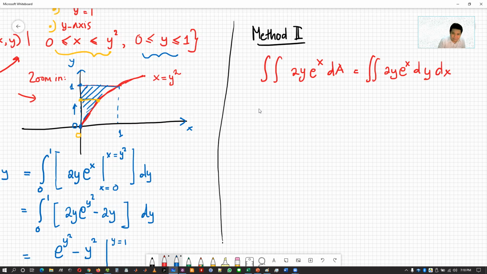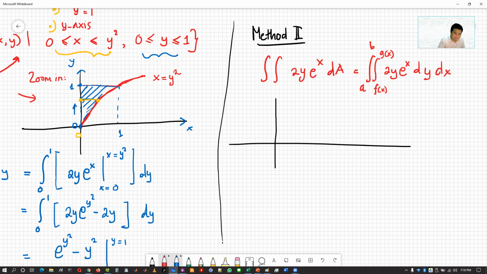The x should be constant. This should be a to b. Let's say this is a constant, but the inner integral in dy should be a function of x. Let's say this is f(x) and g(x). So now we can determine what f(x) and g(x) are.